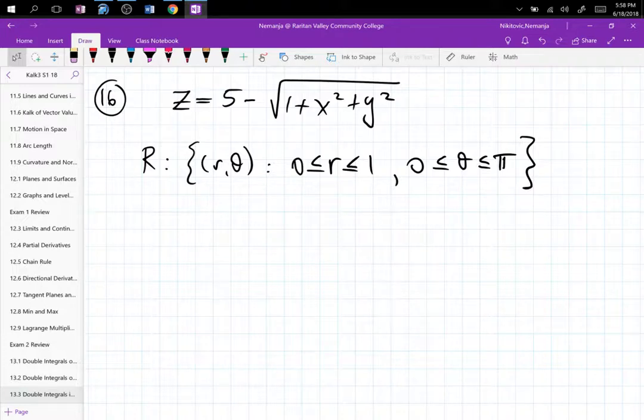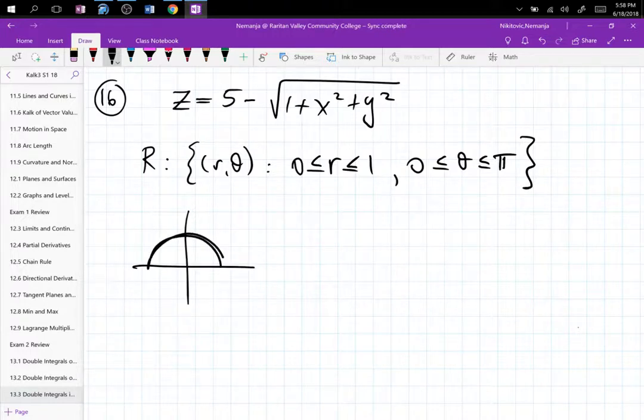So it's a circle, but look at the numbers. It's half of the unit circle. Radius is 1, so it's a unit circle, and it's 0 to pi, so it's only the top portion, above the x-axis. So your region R is this.